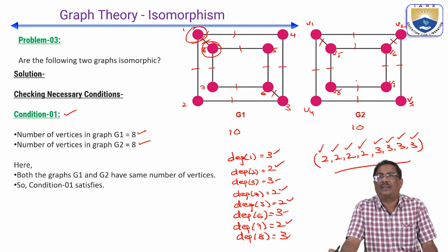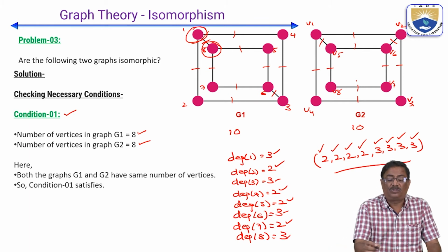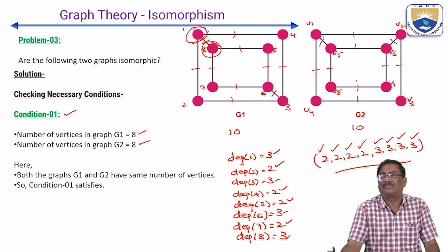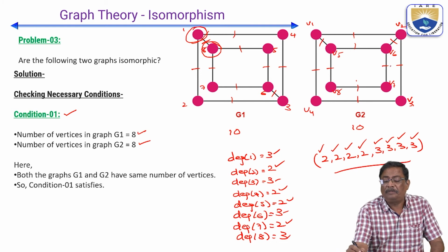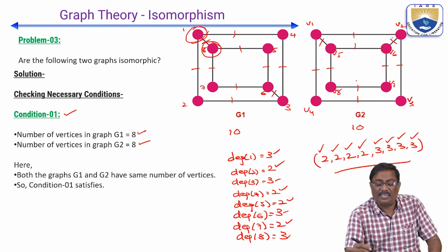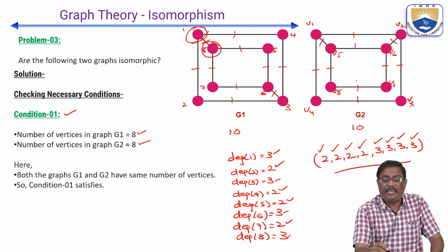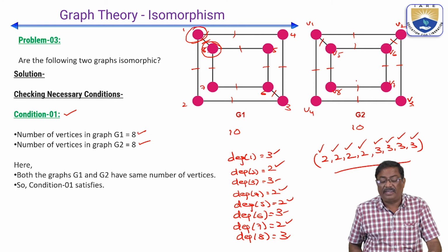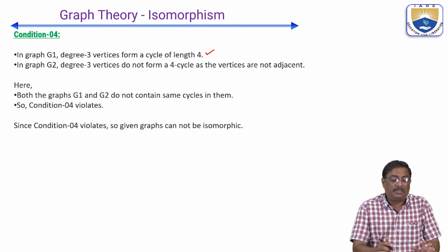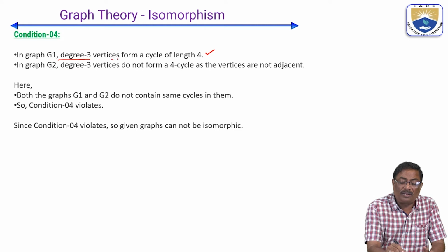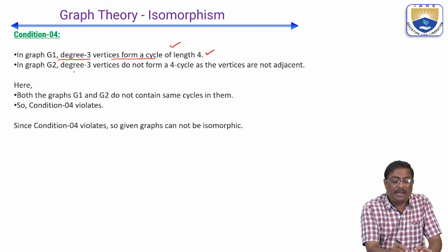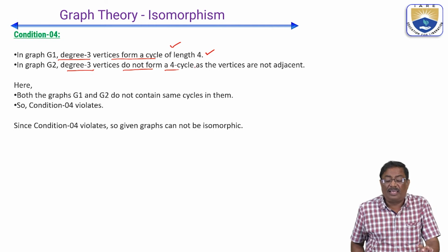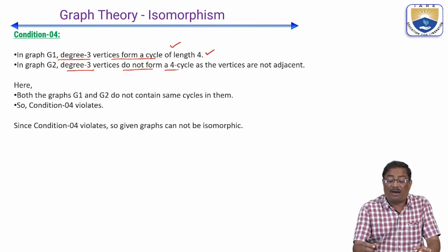So these two graphs are not isomorphic. Here these two are adjacent to each other, and here there is no such case. Or else we can say that in G1 the degree 3 vertices form a cycle of length 4, and in G2 the degree 3 vertices do not form a cycle of length 4, and they are not adjacent.